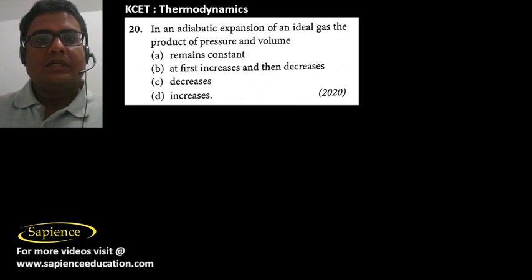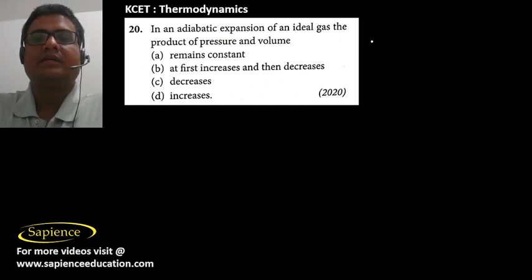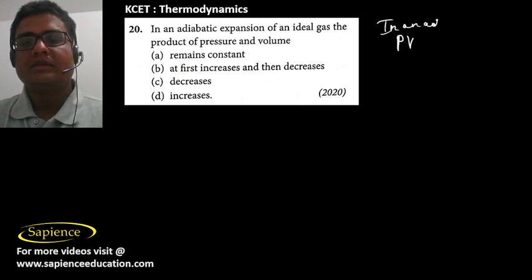It is told that in an adiabatic expansion of an ideal gas, the product of pressure and volume is not constant. So we know that in an adiabatic expansion, PV whole power gamma is equal to constant.